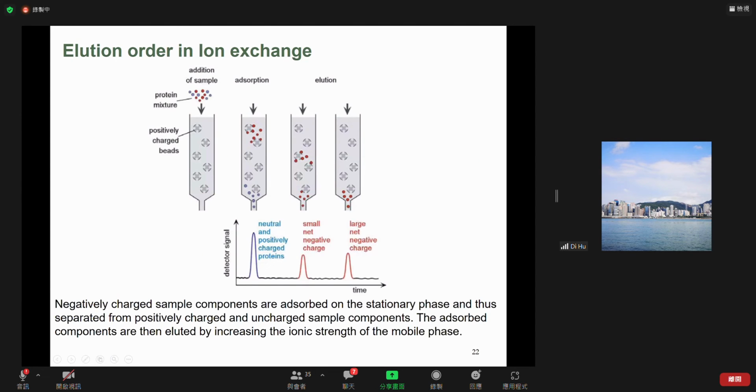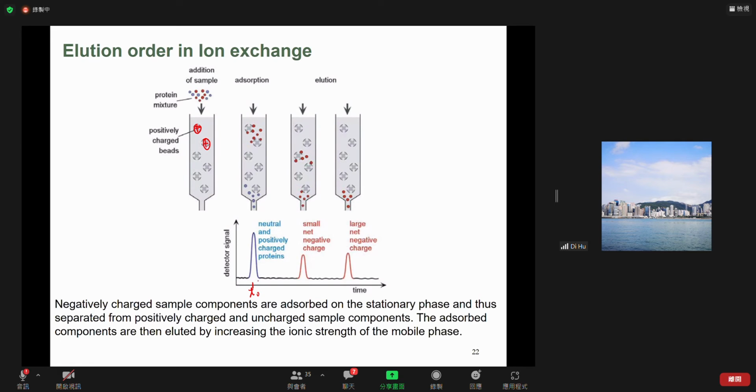Okay, so you can see here, this one shows you exactly what happened. Now we have the positive charge, the beads here are positive, so it's going to retain the negative anion. Now it's a protein mixture. You load a sample, and those neutral and positively charged proteins come out at T0.